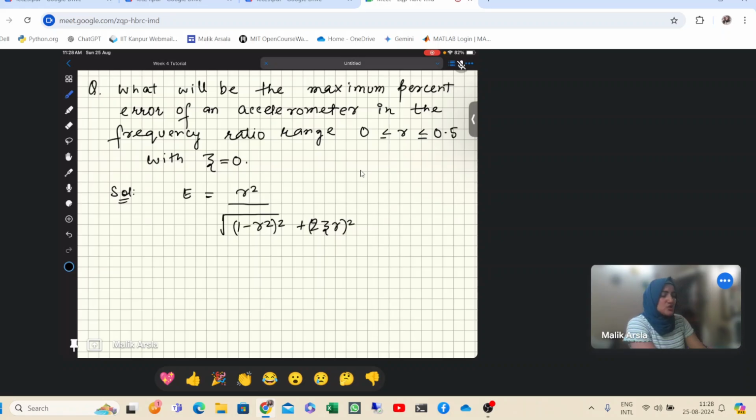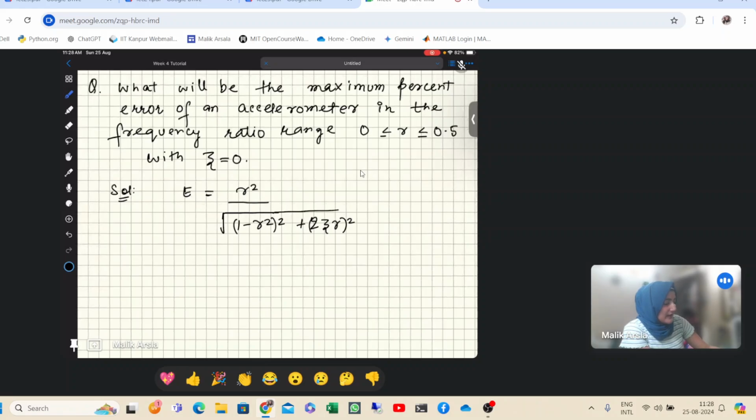Okay, so this is the error factor, and since zeta has been given as 0, this term will vanish and e will be equal to r square upon 1 minus r square. Okay, now if we put the value of r equal to 0, okay, we know that it will come out to be obviously 0. So we have to make the error maximum. So we will put r equal to 0.5.